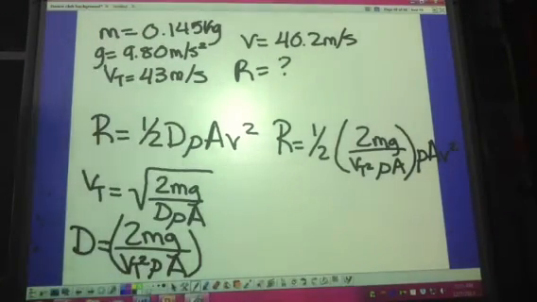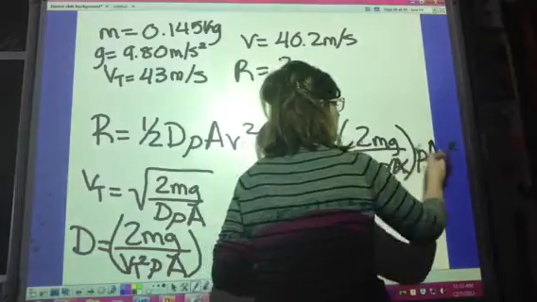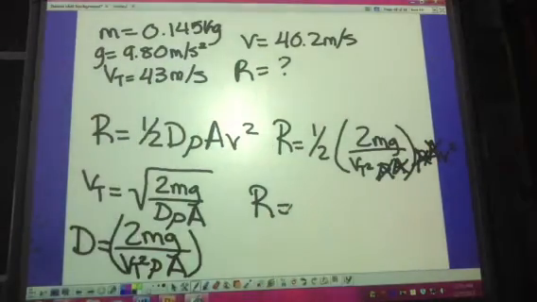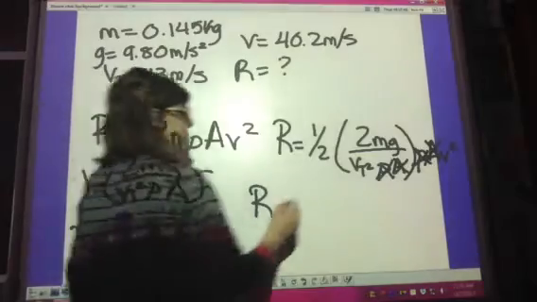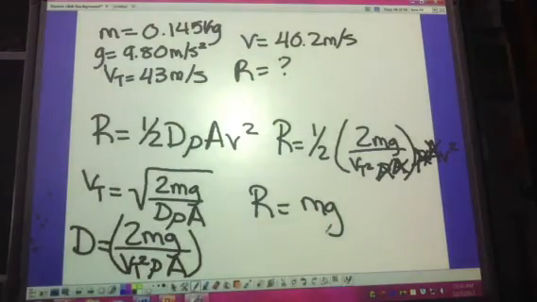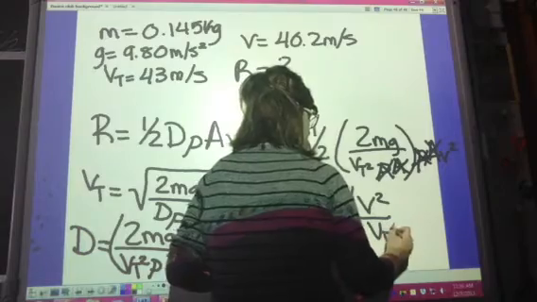Well, if I look at this now, rho is going to cancel out, A is going to cancel out. So let's rewrite this. R then would be equal to, that 2 is also going to cancel out with that 1/2. So this simplifies down great. We're going to have our mg, and then that would be times v squared over Vt squared.